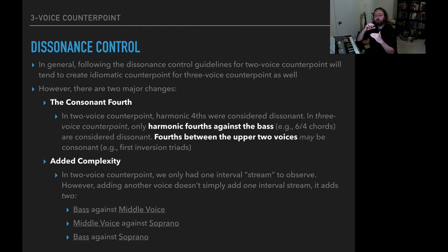However, if there are fourths in the upper two voices, there is the potential that those could be consonant. Think of this in terms of our first inversion and second inversion chords. Let's think of a C major chord, C, E, G. If we put that in first inversion, we'd have E, G, C. And the G and the C, those upper two voices, produce a fourth.